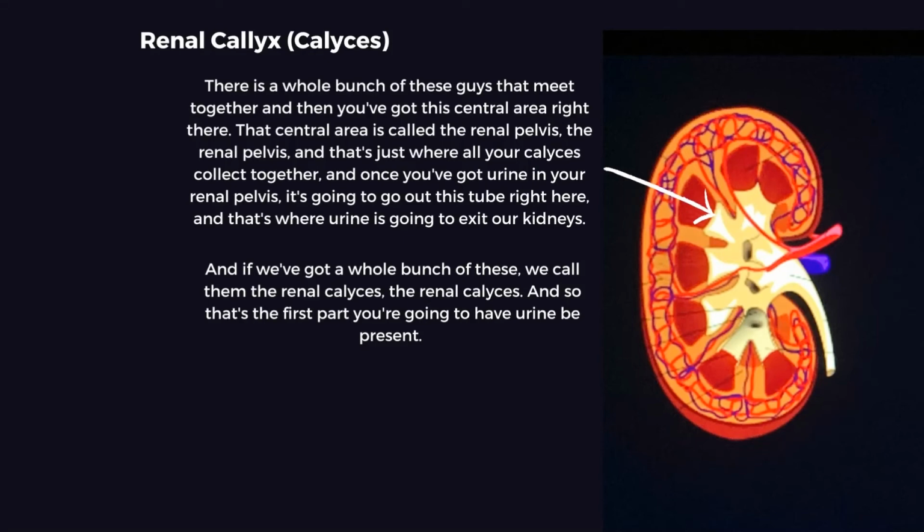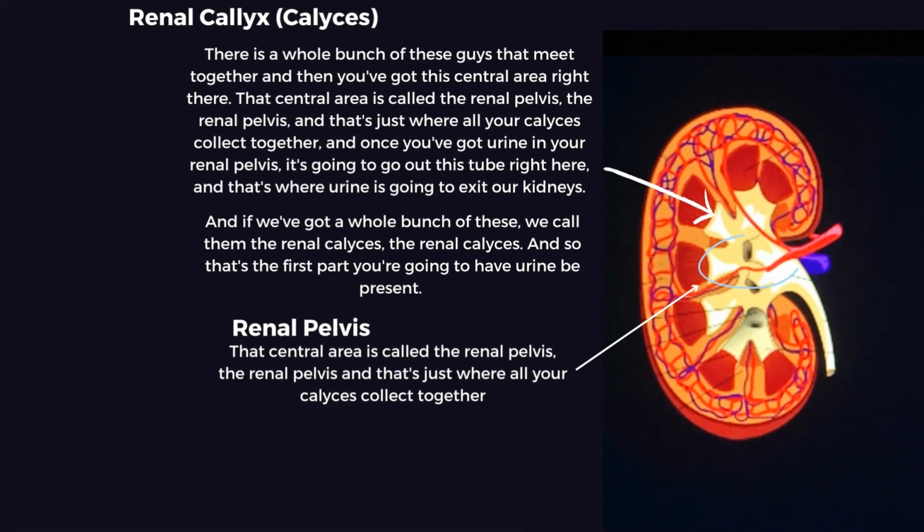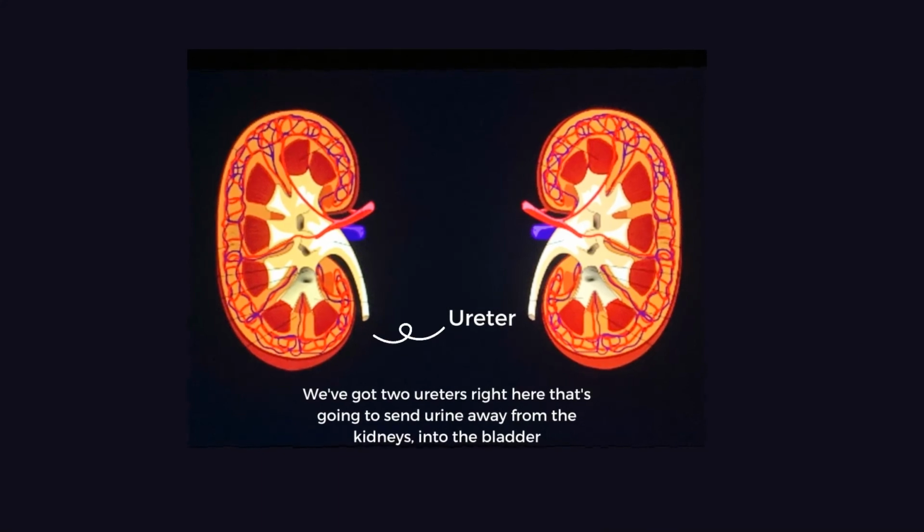The renal calyces are the first part where you're going to have urine present. A whole bunch of these meet together, and you've got the central area right there. The central area is called the renal pelvis. The renal pelvis is just where all your calyces collect together.